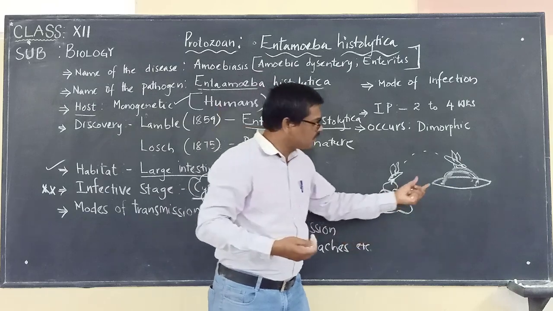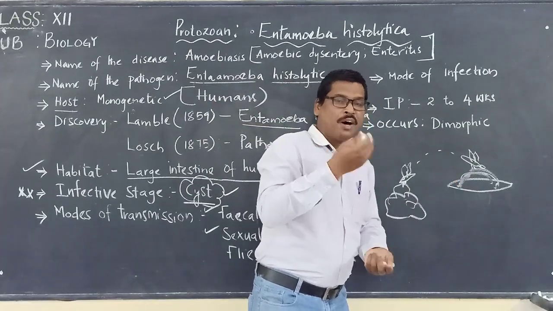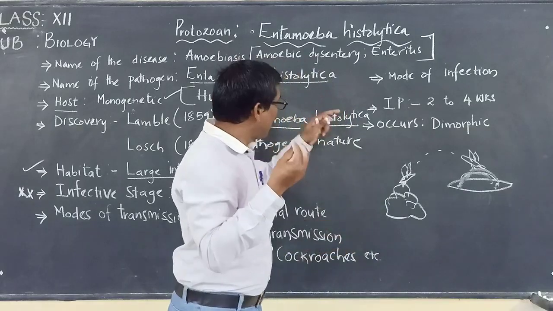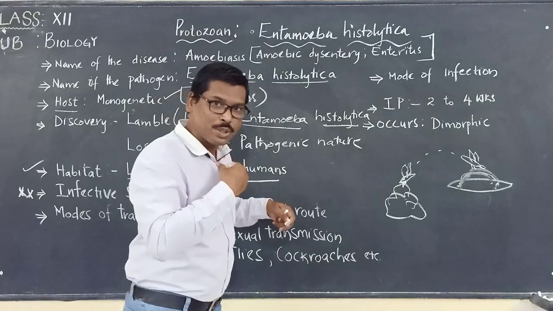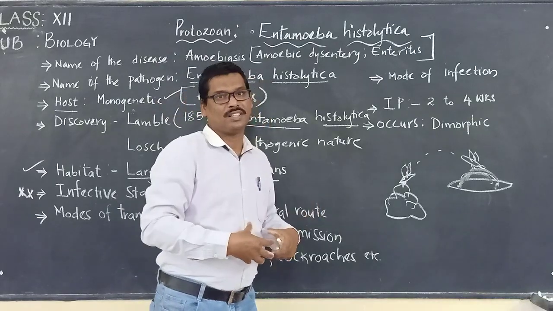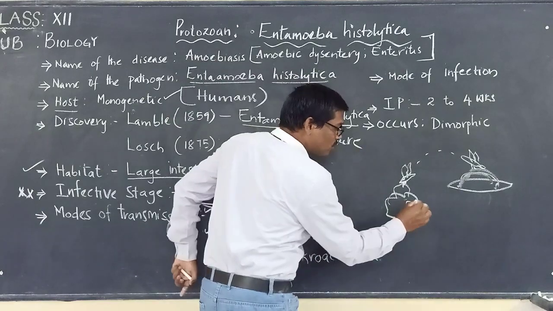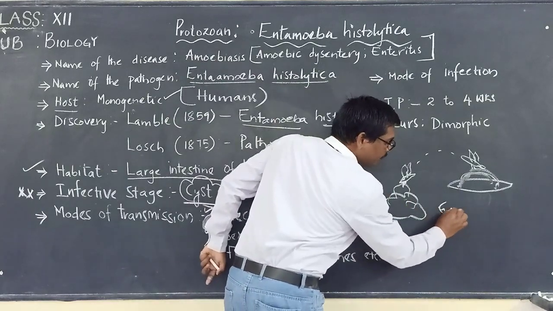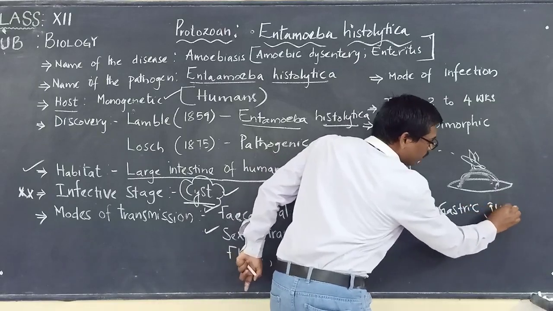And when a person eats this contaminated food, Entamoeba histolytica moves through the mouth, through the esophagus, into the stomach, where gastric juice is produced.